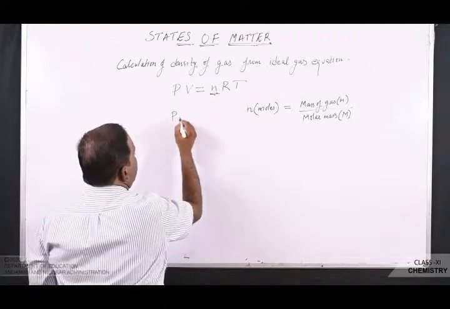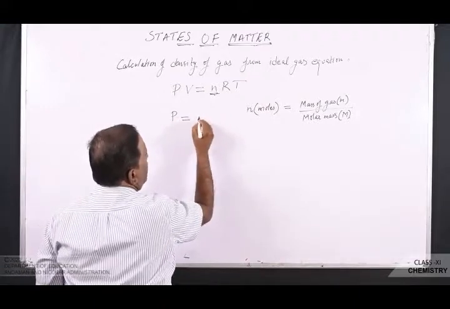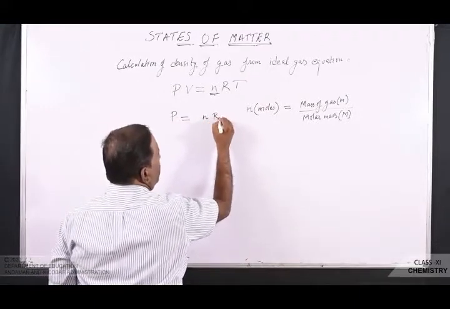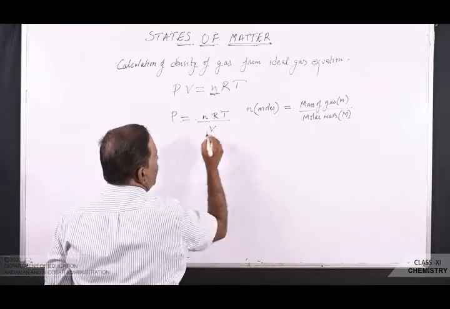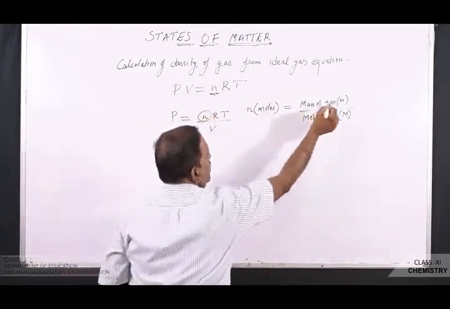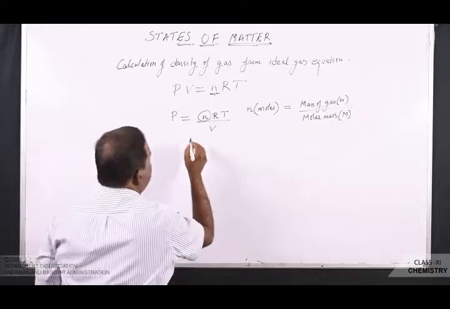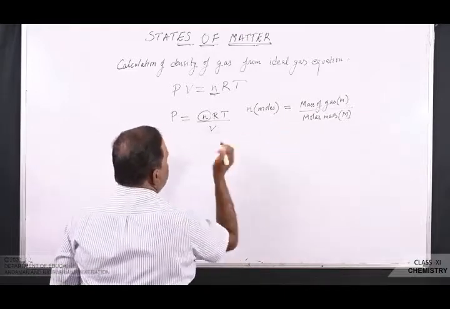So I can write P is equal to nRT by V. Here I will substitute n is equal to m by M, that is mass by molar mass.